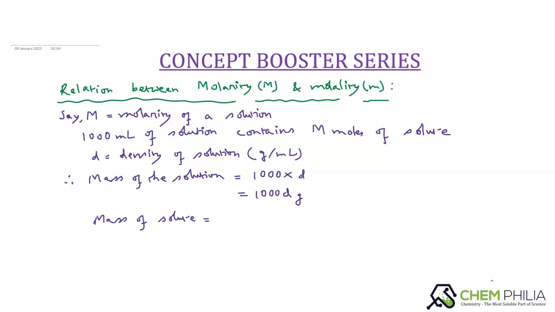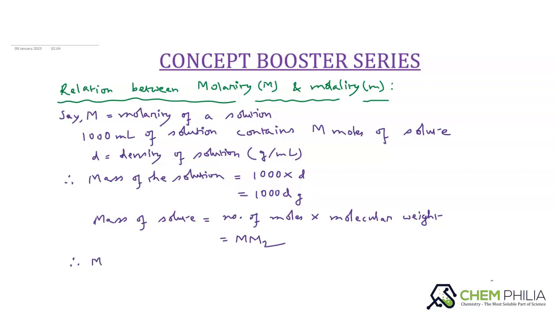Now mass of solute means we can say number of moles multiplied by molecular weight. So number of moles is M, molecular weight is m2. So Mm2 is the mass of solute.